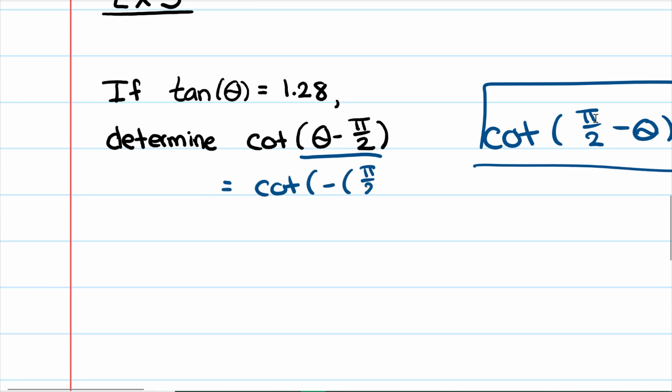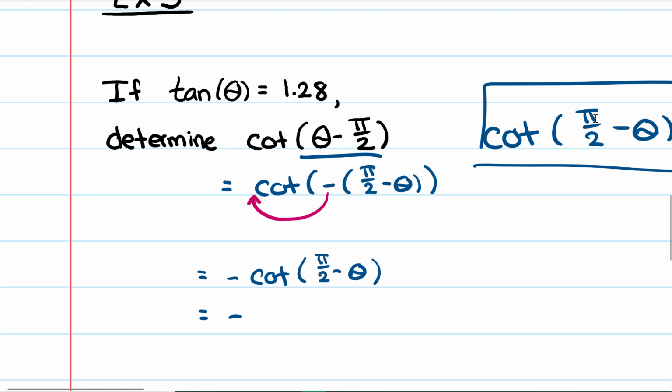So I get pi over 2 minus theta. And then with cotangent, the negative just comes out to the front. So you get this as negative cotangent of pi over 2 minus theta. And now I can use the property that cotangent of pi over 2 minus theta is equal to just tangent of theta. And I knew that tangent of theta was 1.28. So my answer is negative 1.28.